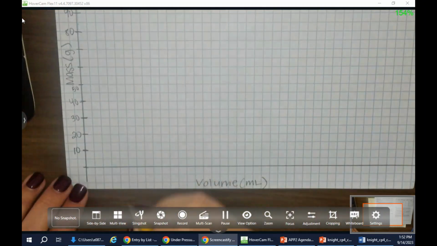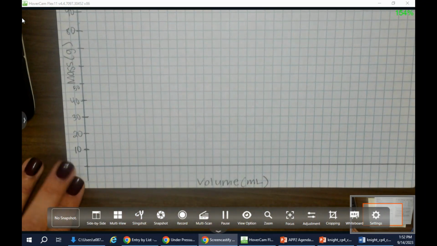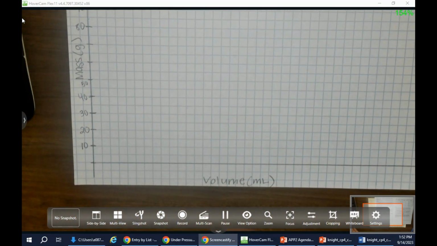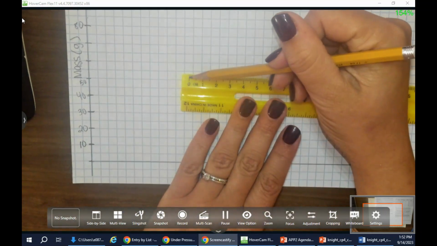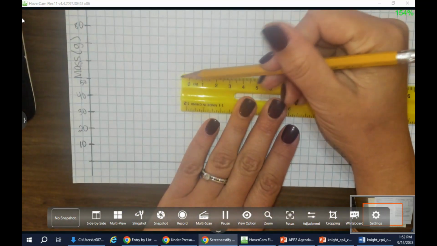So we're going by 5s going up. Going across, you want to keep the scale zoomed in because the highest density that you should have, and most of us have, is 15.6 because the large cube was 15.6. If you happen to have put 8, by the way, for the volume of the large cube, it means that when you measured it, you didn't line it up to the 0, you lined it up to the end.